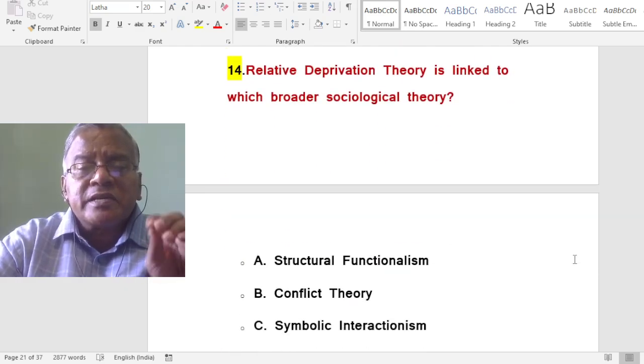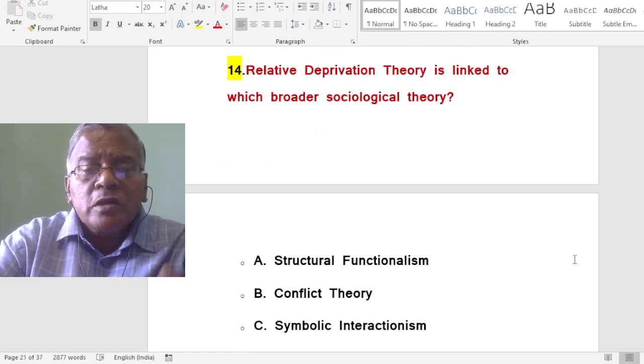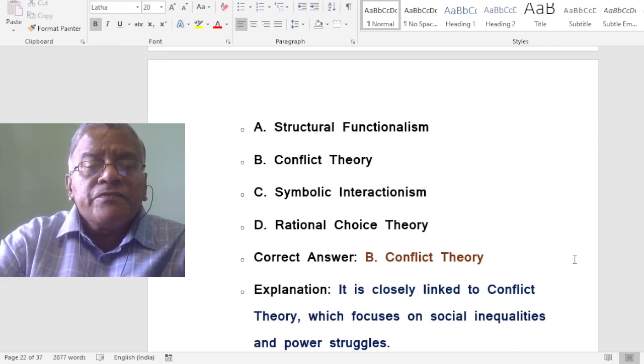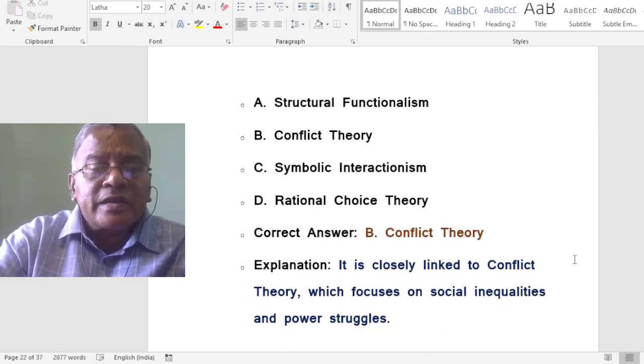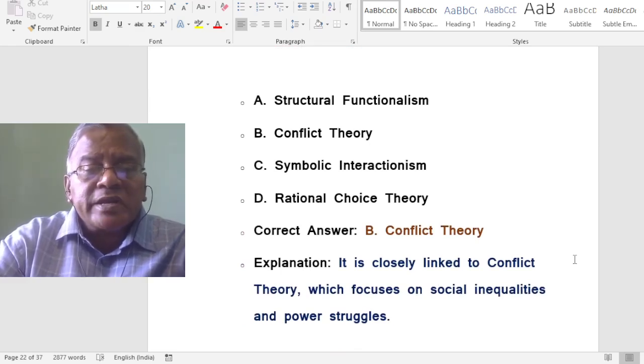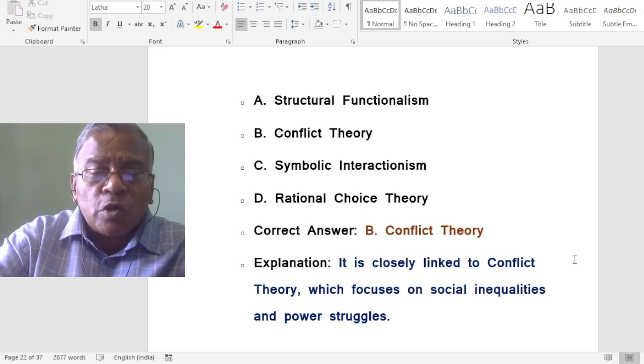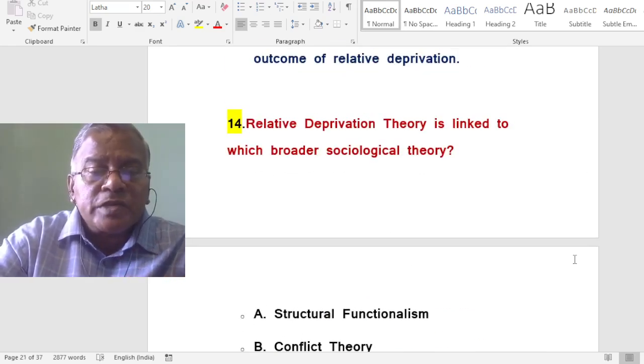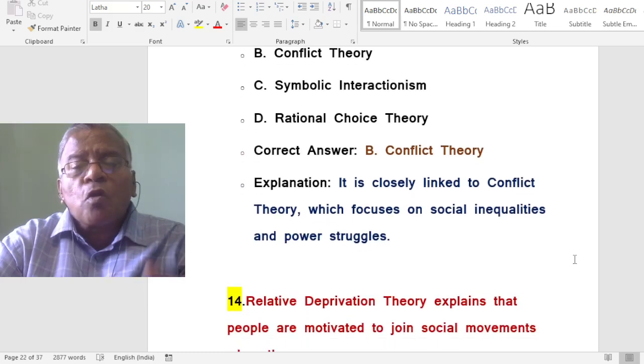Relative deprivation theory is linked to which broader sociological theory? A. Structural functionalism. B. Conflict theory. C. Symbolic interactionism. D. Rational choice theory. That is conflict theory.